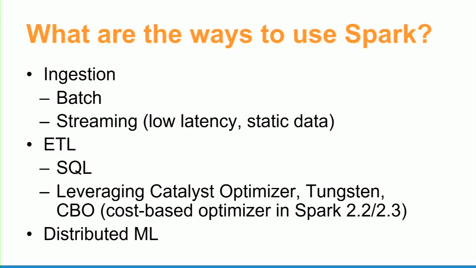Then you can leverage something like the Catalyst Optimizer for optimizing your processing, leveraging Tungsten, and something like CBO, which is new in 2.2 and 2.3. Or you could, in the end, pass it through to a distributed machine learning pipeline. We're actually going to be focusing on the very last part here, and we'll talk about two, at a very high level, different approaches and how that works.